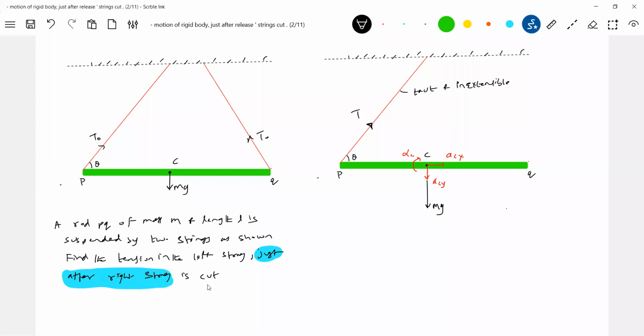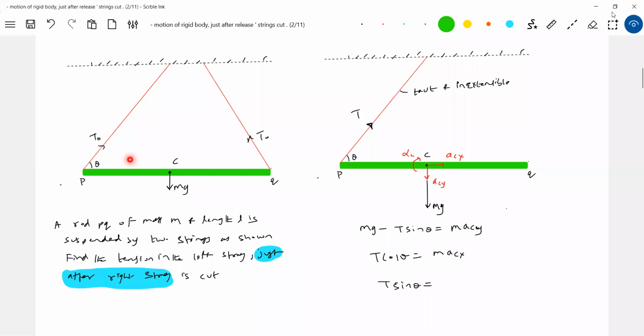Write all the possible equations. So let's write one by one. For translative motion, mg minus T sine theta equal to m a_cy. T cos theta equal to m into a_cx. Acceleration of center of mass along x, along y. So this is about the translative motion. What about the rotative motion, T sine theta? You resolve this. What is the length of the rod?